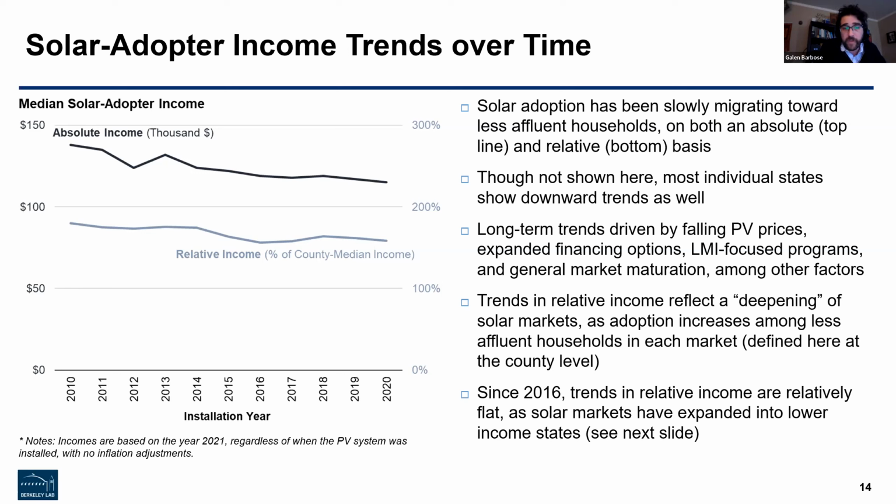Those more fundamental drivers manifest in two different ways. And we often talk about how solar markets are both broadening and deepening, where broadening refers to increasing adoption levels in areas of the country that are less affluent and previously haven't seen as much adoption, whereas deepening really refers to increasing levels of adoption of lower income households within existing, established markets.